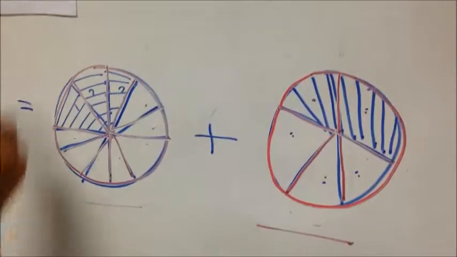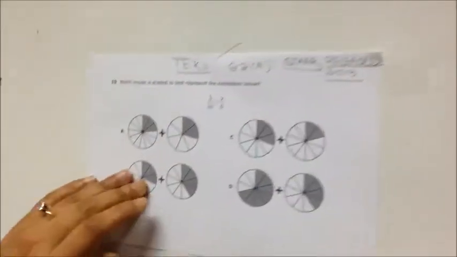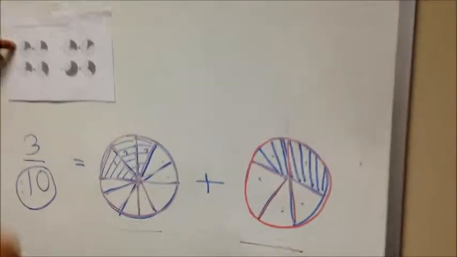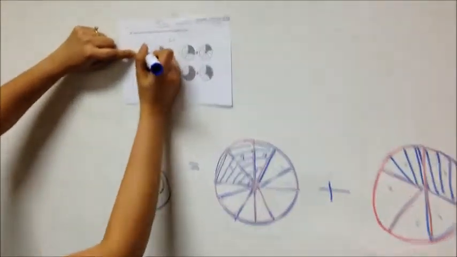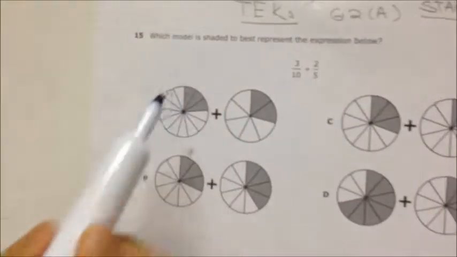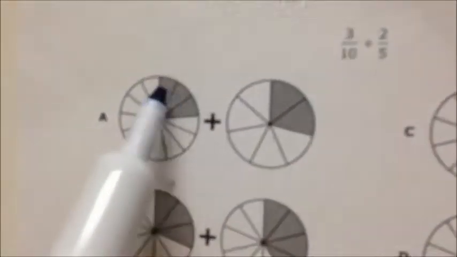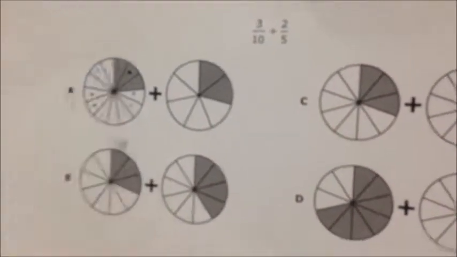Now what we have to do is go back to the question and look at the option that looks like what we came up with. So let's see the first one. First, we count the number of equal parts the circle is divided into. So 1, 2, 3, 4, 5, 6, 7, 8, 9, 10, 11, 12, and 13.